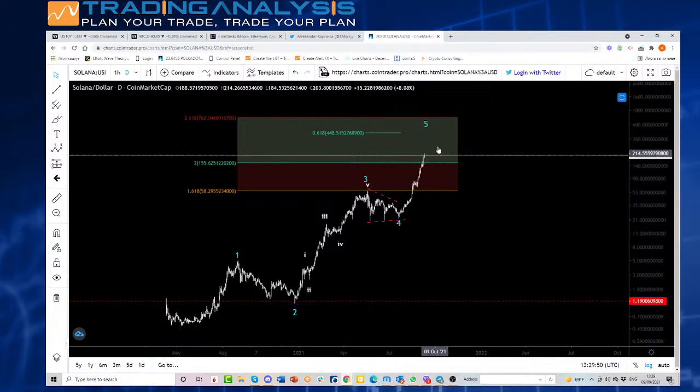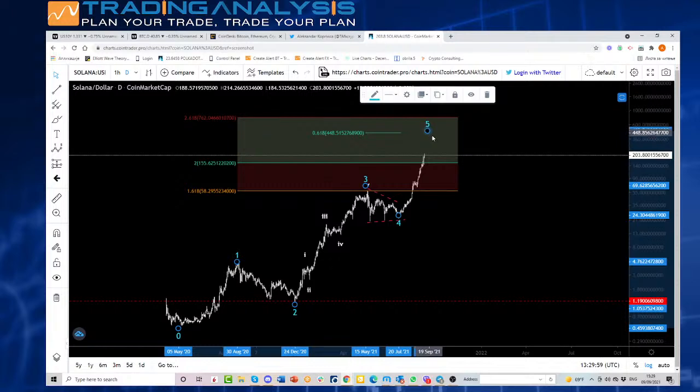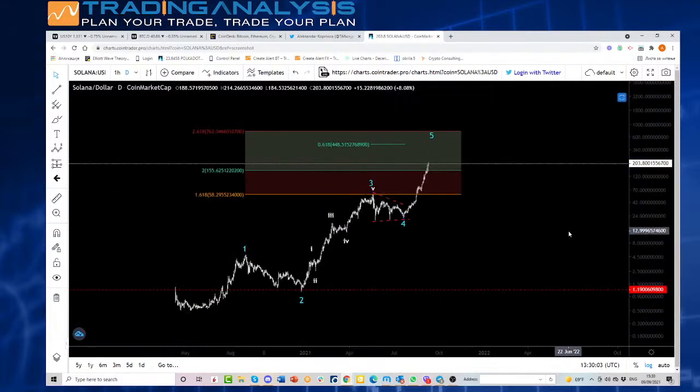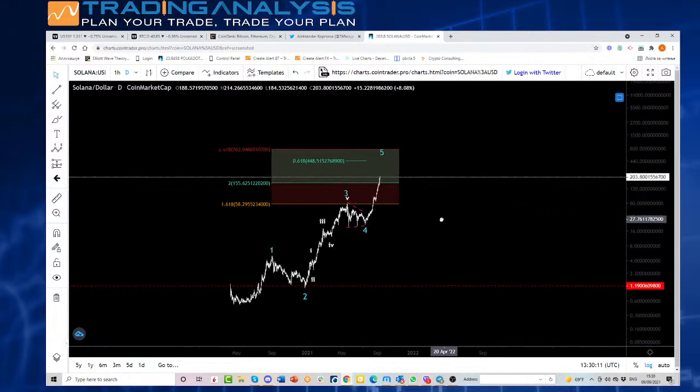Okay, so I'm gonna look at what is going on. I think this is a pretty abrupt development, and I see a potential 5-wave move, a small correction, and then a continuation on the upside. So we will see. I have a couple of wave counts. In any way, I think it depends on what will happen now with the cryptos.